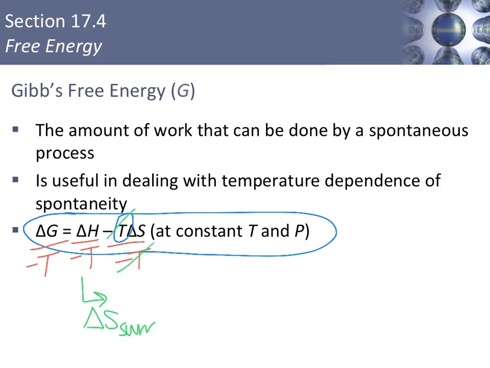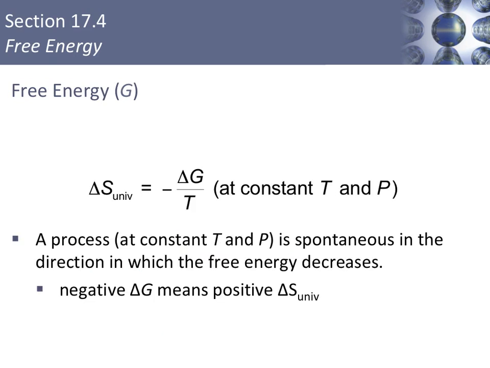That leaves plus delta S, and that is always for the system. So remember, the entropy change for the surroundings plus the entropy change for the system is equal to the entropy change in the universe. So that gives us this. The entropy change for the universe is equal to negative delta G over T at a constant temperature and pressure.